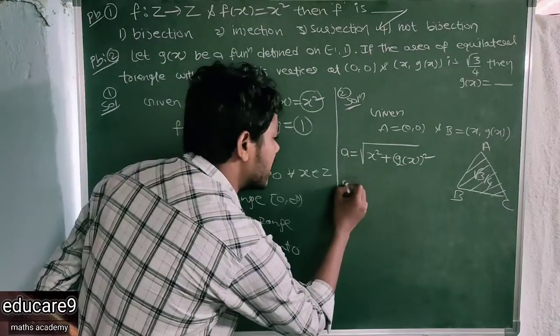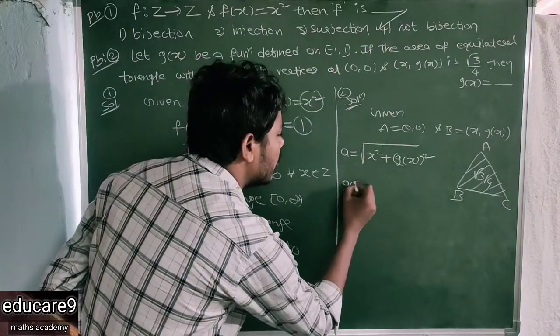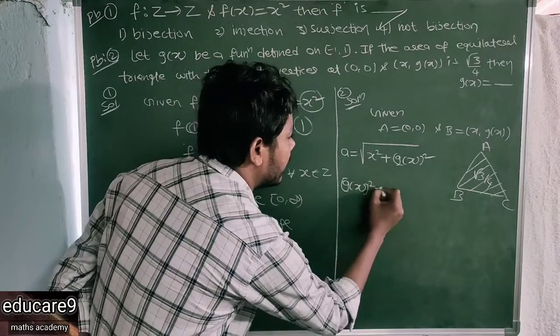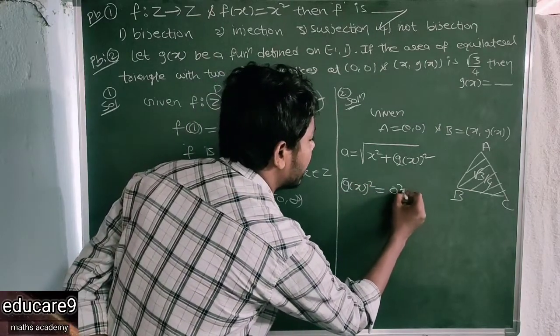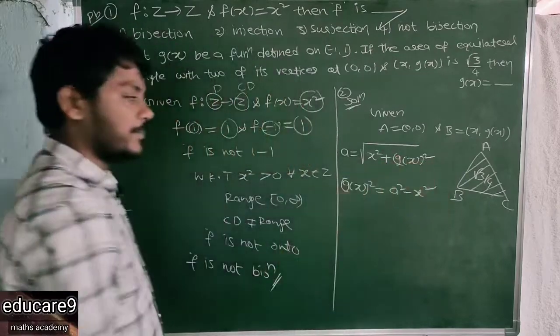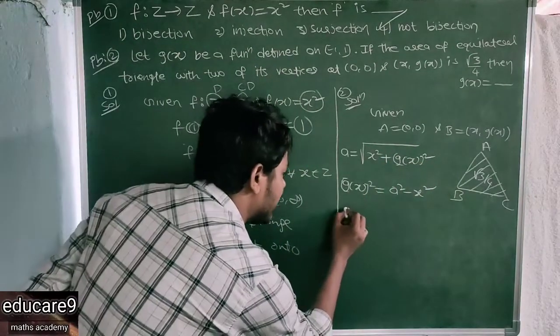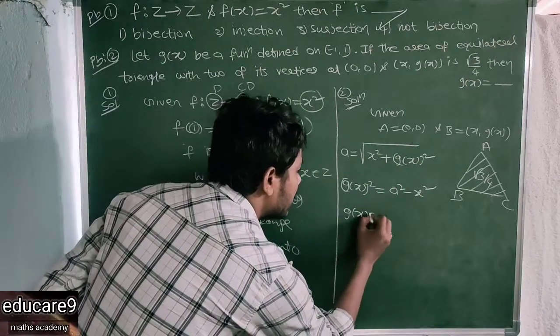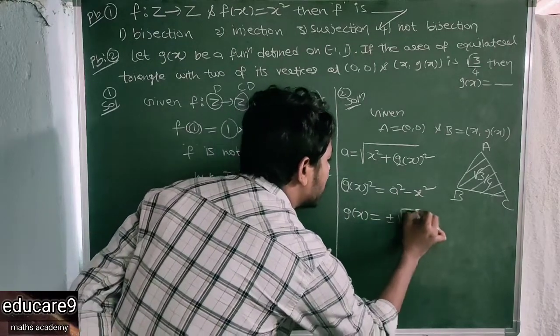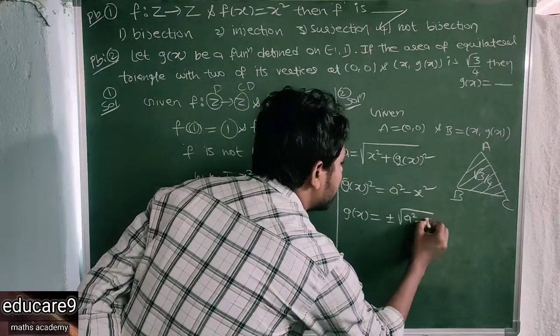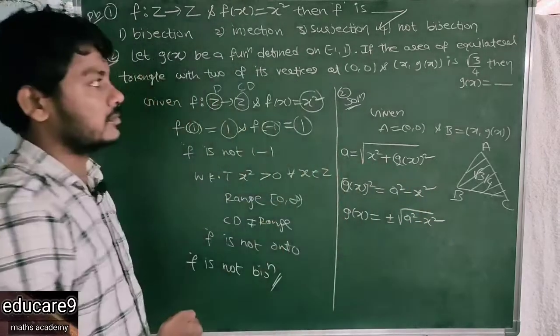So from this, g of x whole square we write as a square minus x square. Again g of x we write as plus or minus under root of a square minus x square.